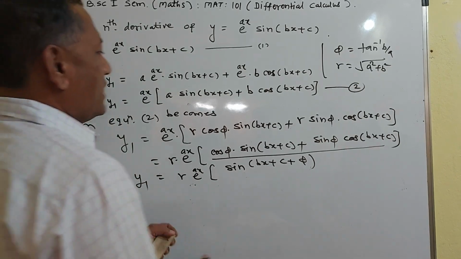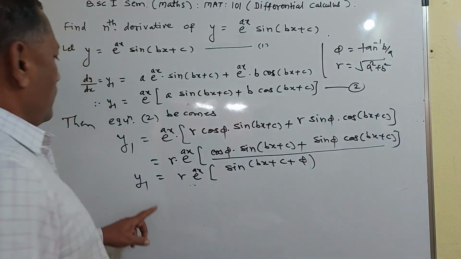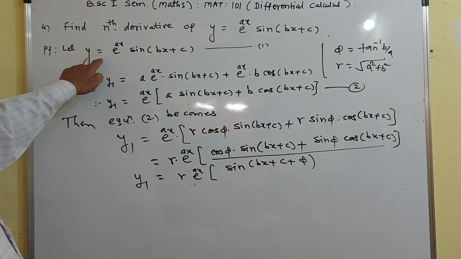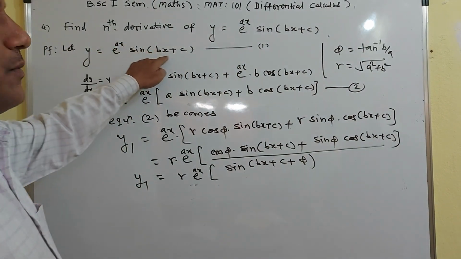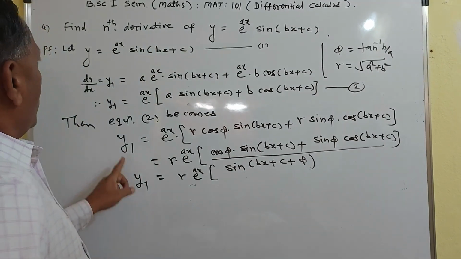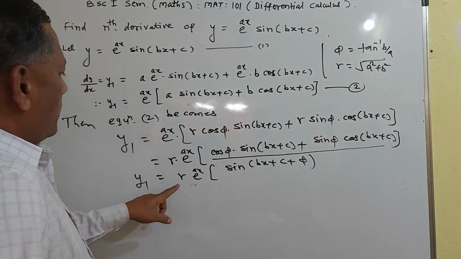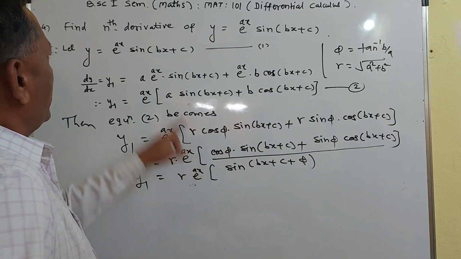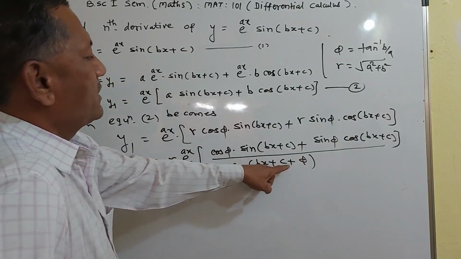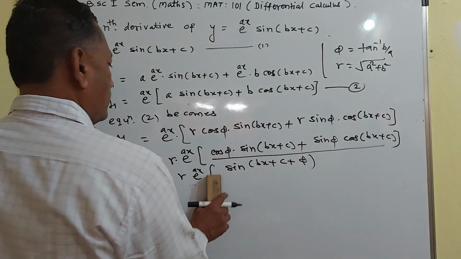Now you observe that y is equal to e raised to ax into sine of bx plus c. And y1, the first derivative of y, is r into e raised to ax into sine of bx plus c plus phi.